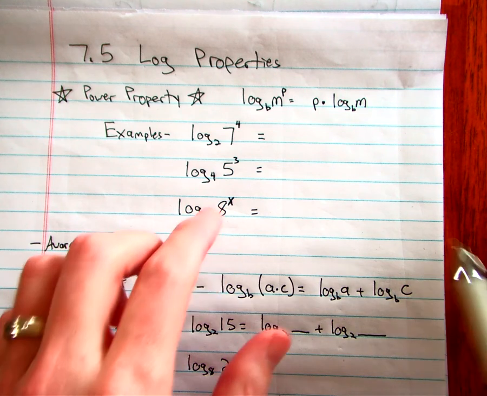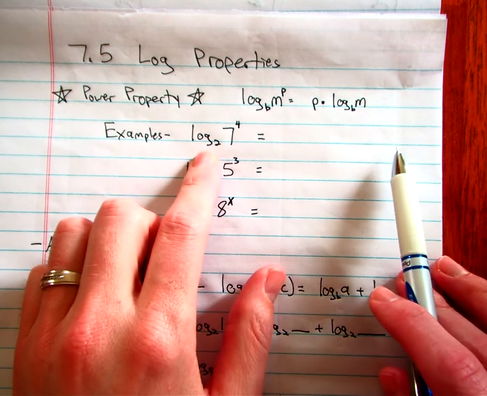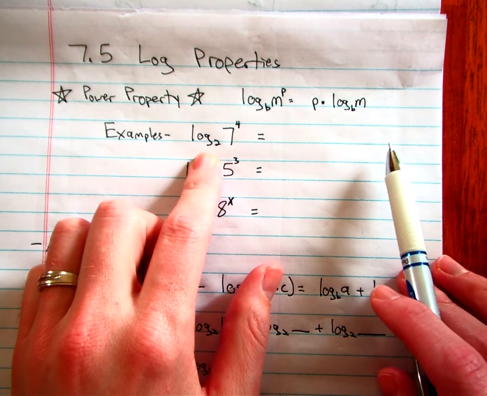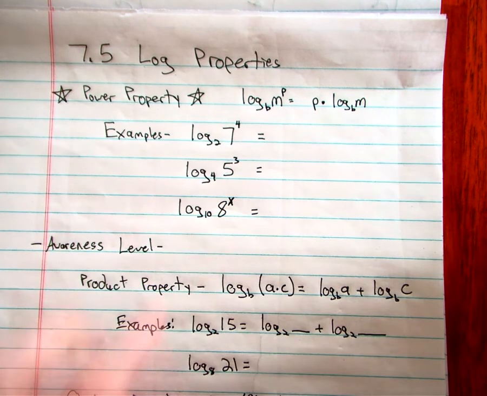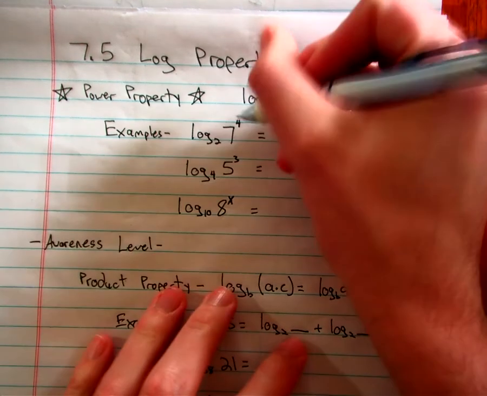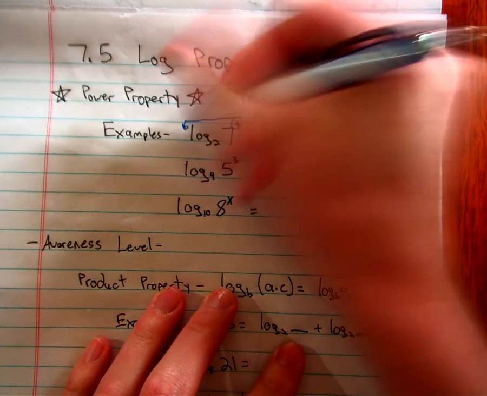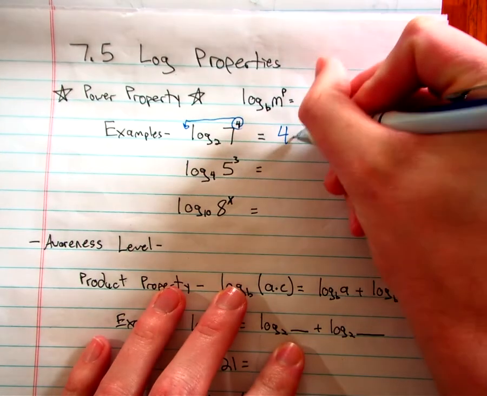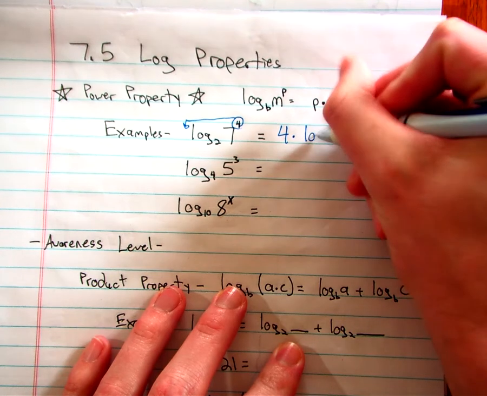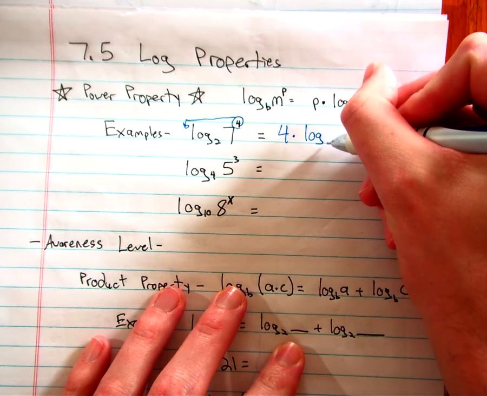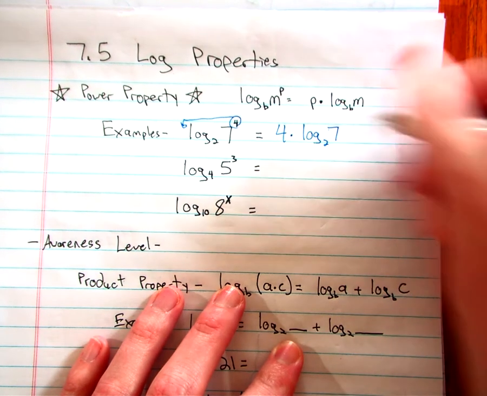Okay, so example here, I have log base 2 of 7 to the 4th. What the power property allows us to do is bring that 4 down in front: 4 times log base 2 of 7.